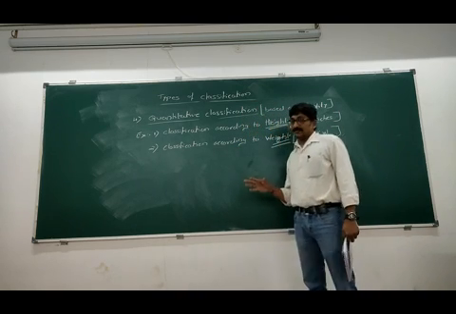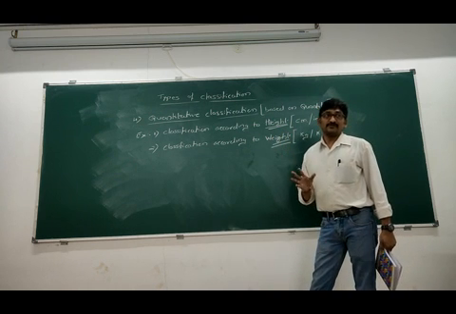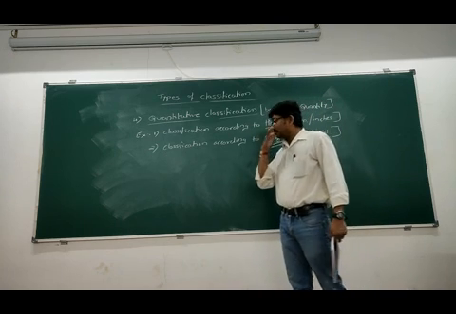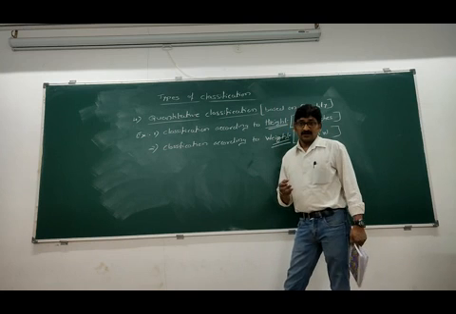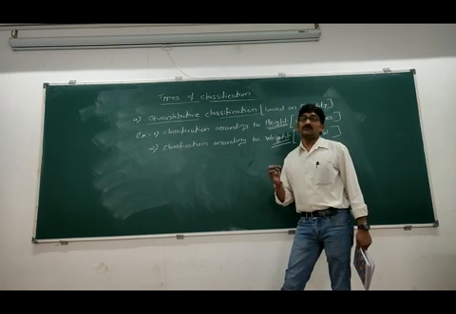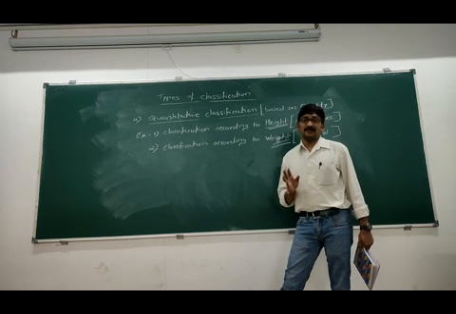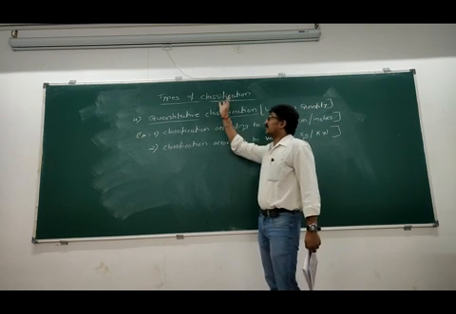I will repeat once again. Classification, meaning and types is most important for 5 marks. Classification is nothing but we have to divide the data into different groups, but we have to consider the similar feature of that data or observation. Now, types of classification.